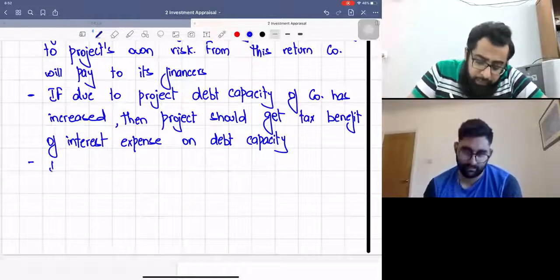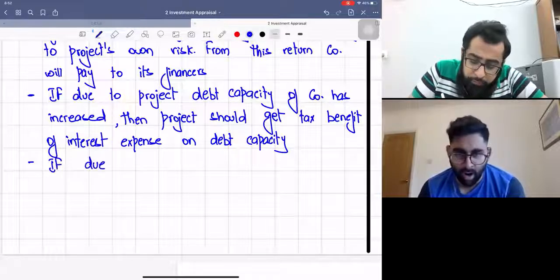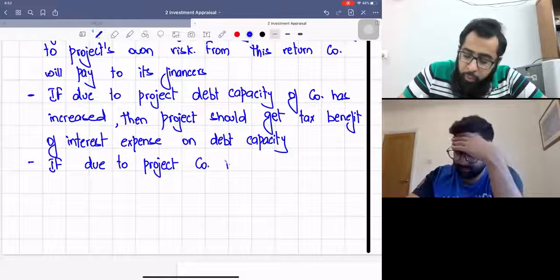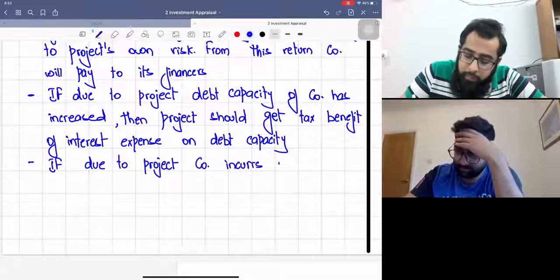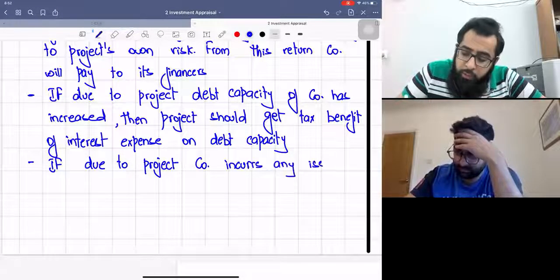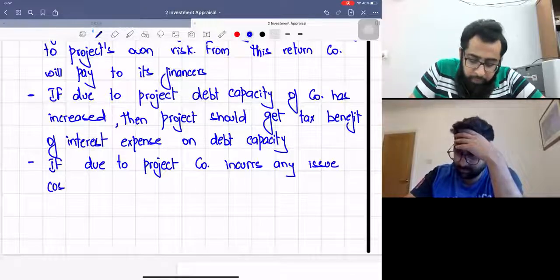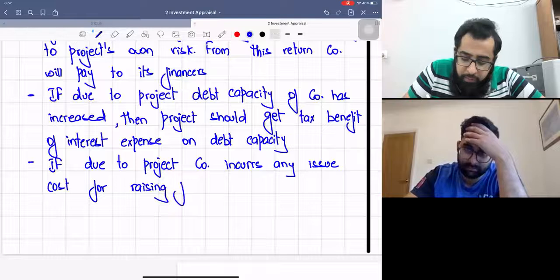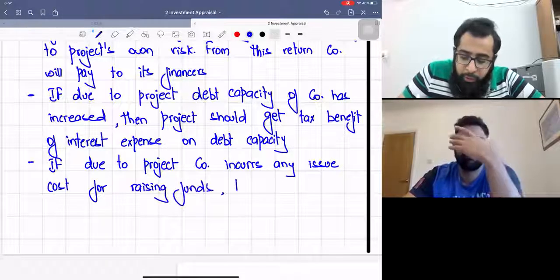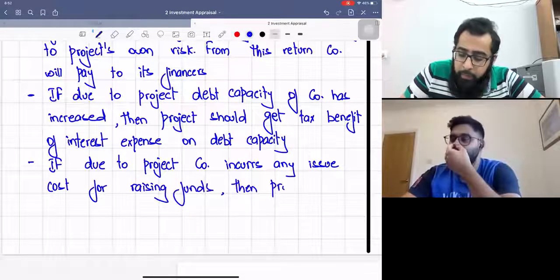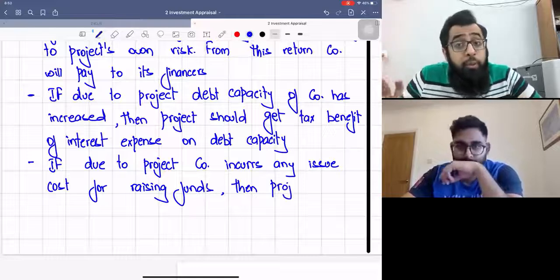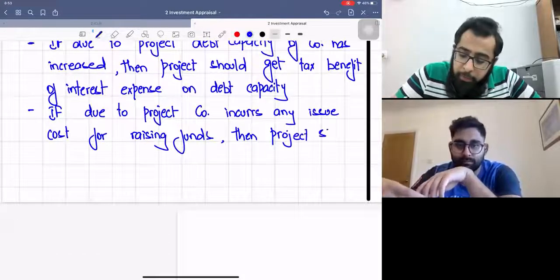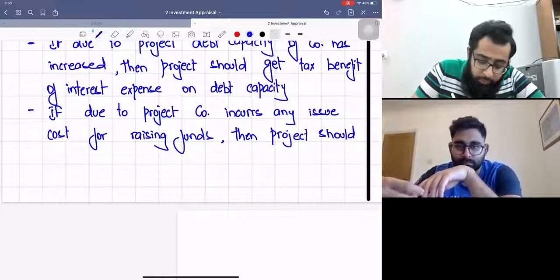Now, if due to the project the company incurs any issue cost for raising funds, then the project should bear that cost, because the project has not paid anything against the issue cost yet. Okay, then the project should bear that issue cost.